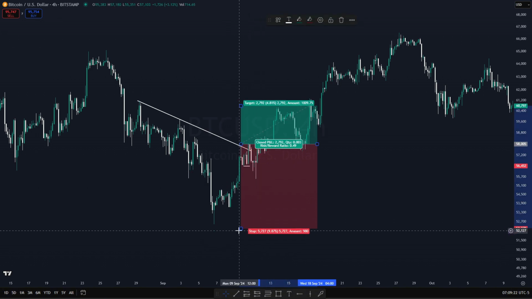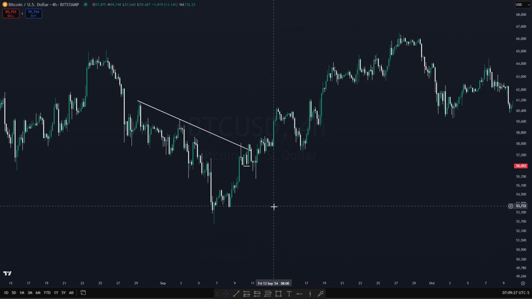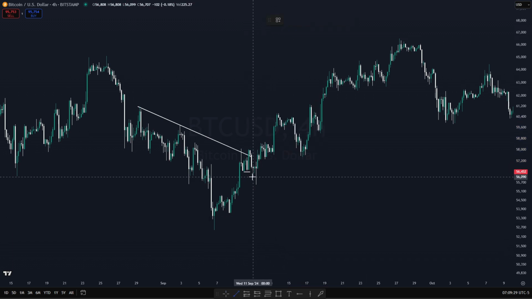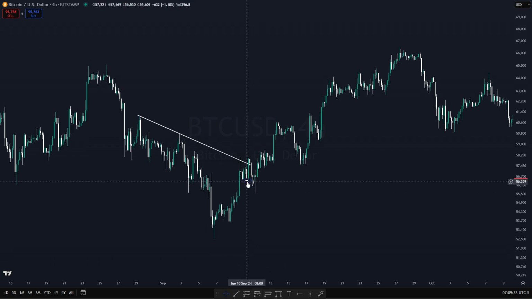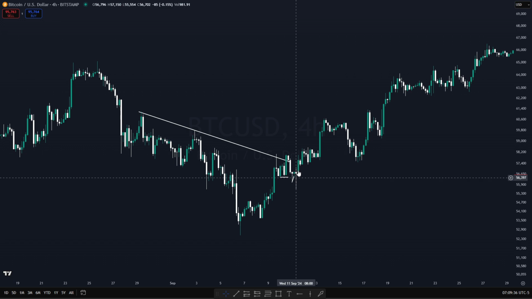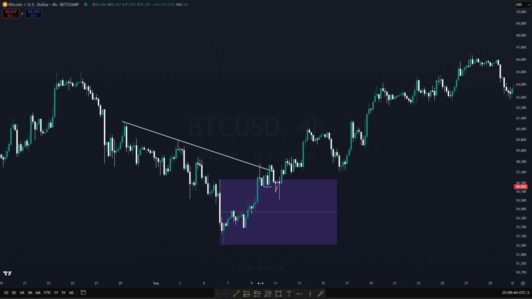So the first ones, they move their stop loss below there the second time. And then we get this inducement as we sweep down below retail stops. And then we go long. Where? In this beautiful order block. Right? So that right there.